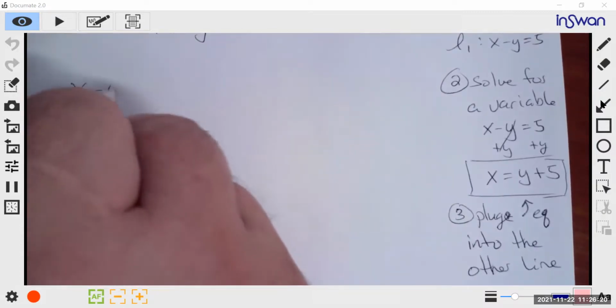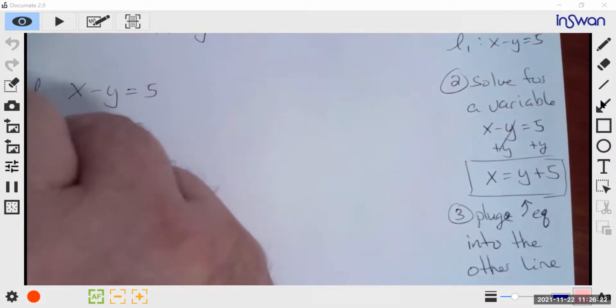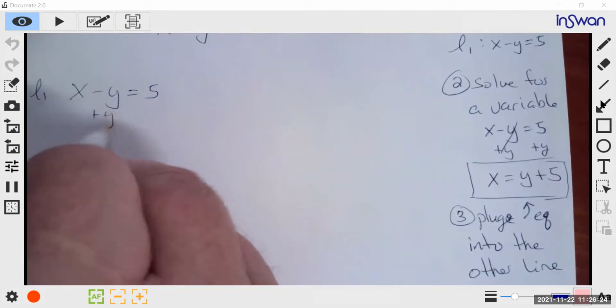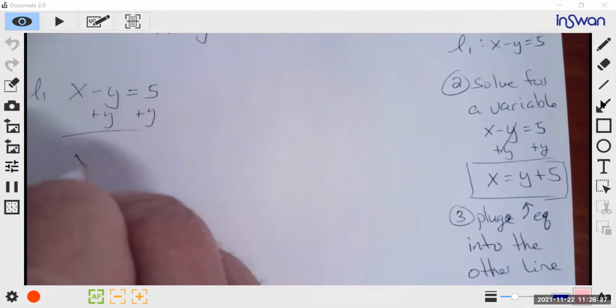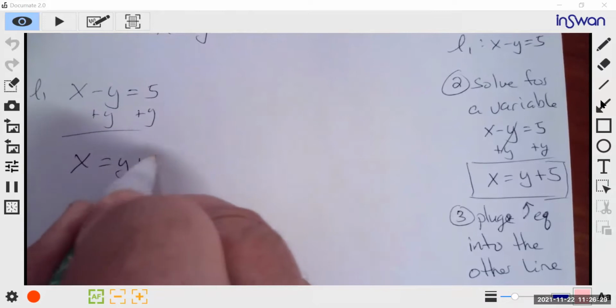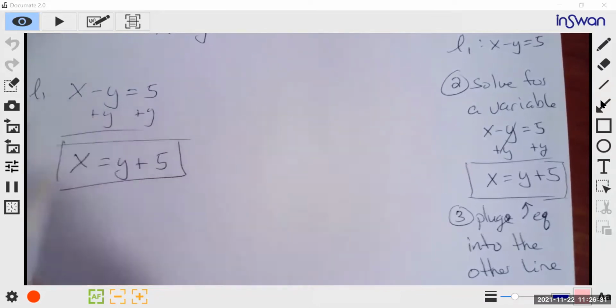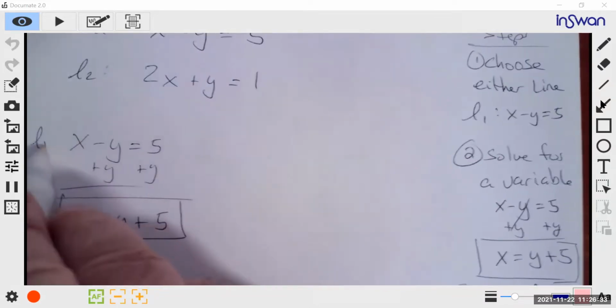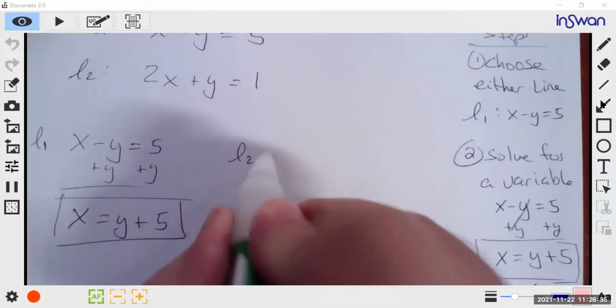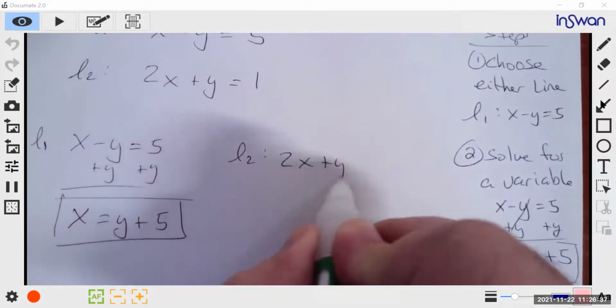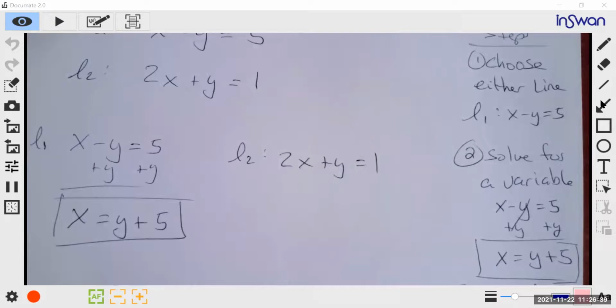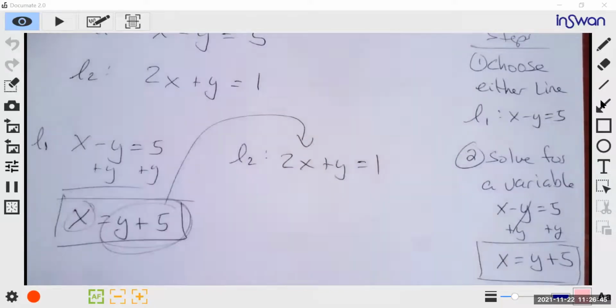So we have x minus y equals 5. This is line 1. I added y. X equals y plus 5. Since I used line 1 there, I didn't use line 2. Anywhere I see an x, I put a y plus 5.